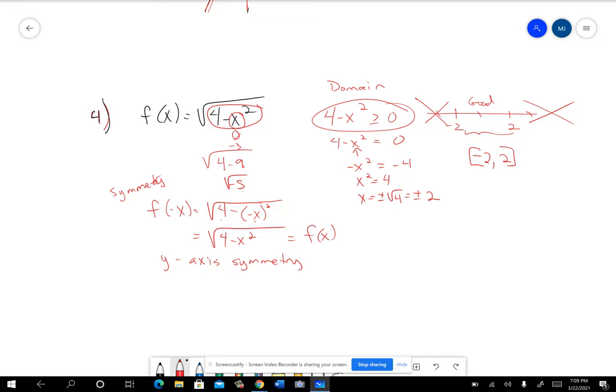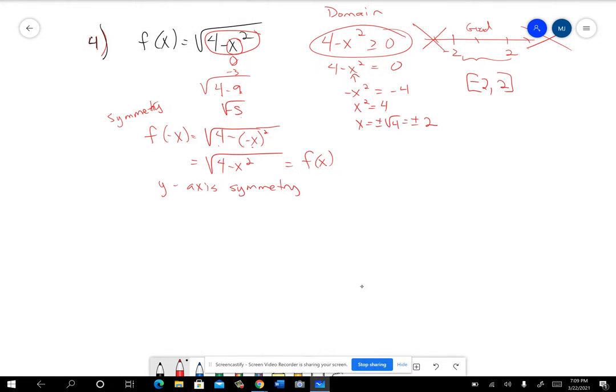Now's when we normally go in and do the derivatives. First derivative, we did it in the earlier video, and then let me bring the second derivative up. I've got those written down right here. When we did the first derivative, we got negative x over the square root of 4 minus x squared.